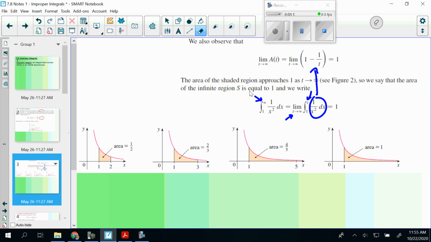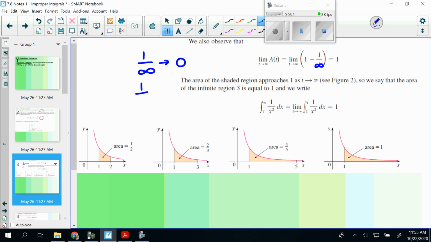So now we're looking, well, what do we get here as t goes to infinity? If you put infinity in there, remember 1 over a very large number is going to approach 0.